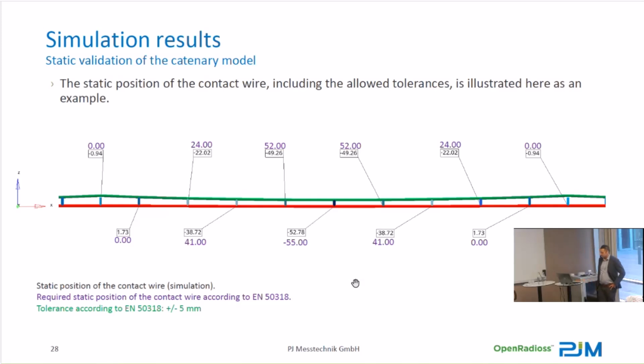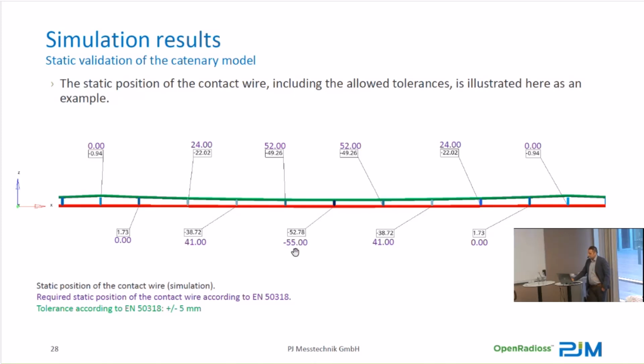If you apply gravity now, everything will sink down. Then we apply tension force in the contact wire and the carrier wire, and we get a shape like this. Maybe you remember the picture from the standard. Our carrier wire was formed like this. We have the same geometric shape here. And the red wire, the contact wire, is nearly straight now.